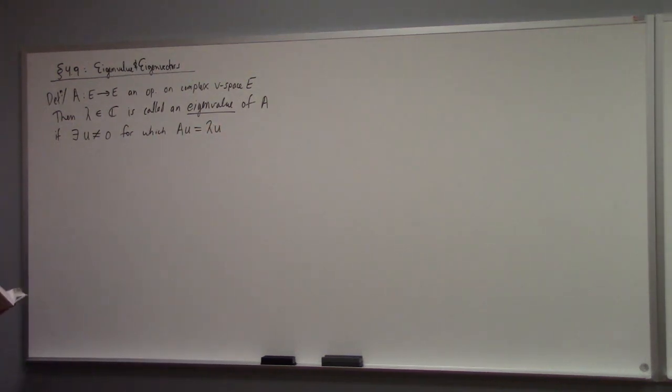And every vector satisfying that equation is called an eigenvector of A corresponding to eigenvalue lambda.